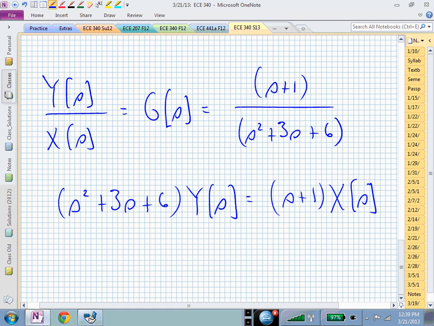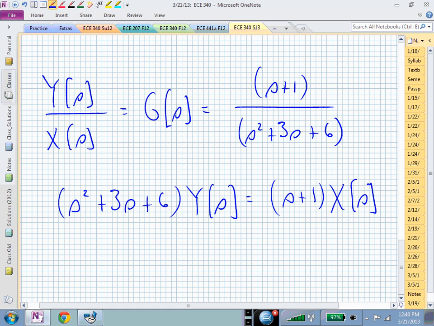Once we have this, it's immediate what the differential equation is associated with that system, because we can remember that when we multiply by s in the frequency domain, what does that correspond to operationally in the time domain? That's the derivative. Multiplying by s, that's one derivative.